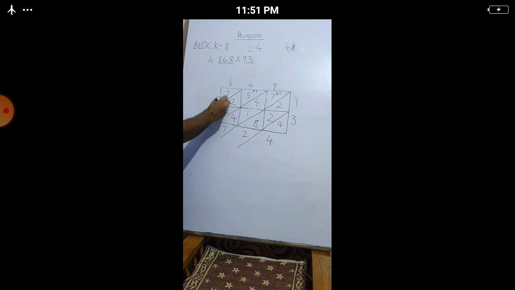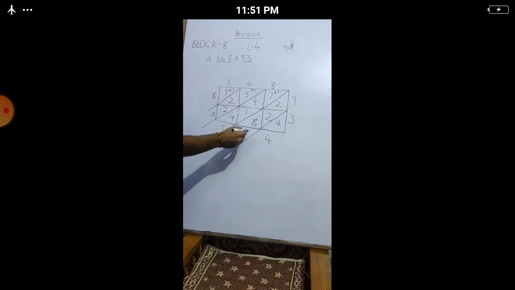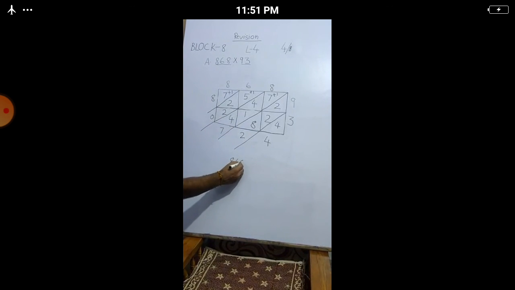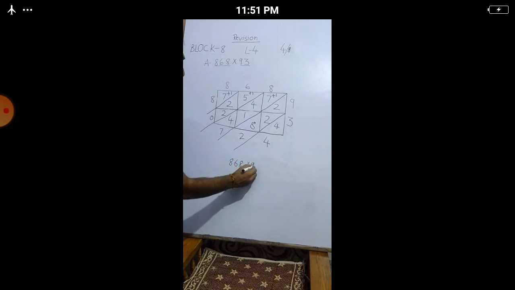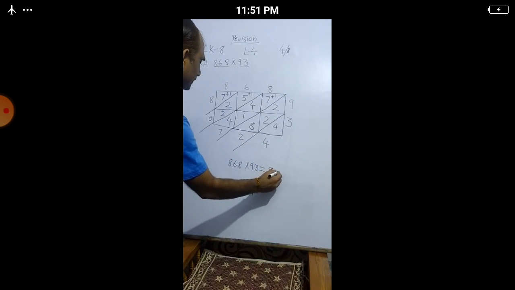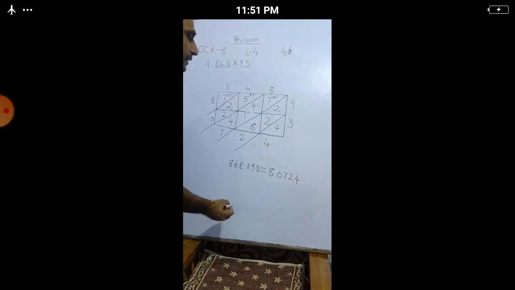So 0, carry 1. 7 plus 1 is 8. So children, our answer is 80724. When we multiply 868 into 93, our answer is 80724, meaning 80,724.